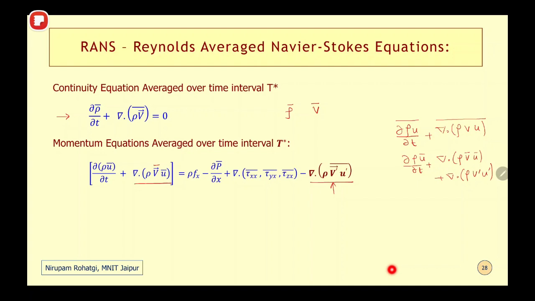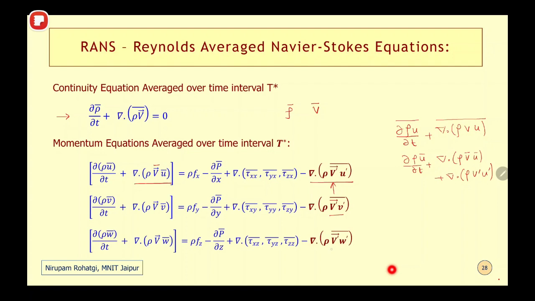So this is the additional term which comes here, and the same thing is for the y direction and the same thing is true for the z direction. So what you are getting is that your momentum equation has been modified. These terms are the extra terms which have come, and they are prime. They are not the same as average. So all your original instantaneous one is gone.